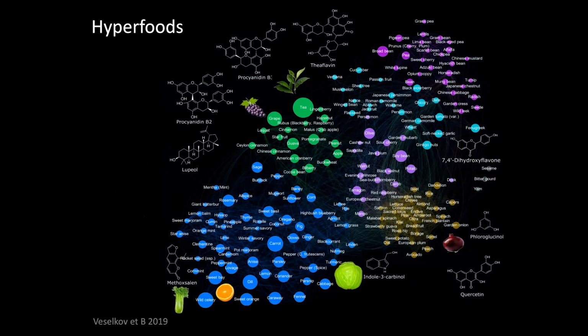And these champions, foods that contain many such molecules, we call them hyperfoods. And it appears that many boring foods like tea or celery or carrot are very rich with these molecules. So it's probably a good idea to add them into your diet, because this way you will be consuming chemicals, of course, maybe in minute quantities, that come from the same chemical classes as drugs that are used to cure or prevent cancer.